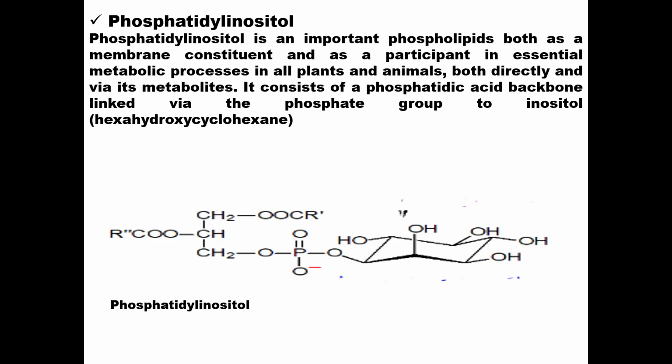It consists of a phosphatidic acid backbone that is linked via a phosphate group to a molecule of inositol. Inositol is hexahydroxycyclohexane. So you have phosphatidic acid as the backbone, and it is linked to inositol via a phosphate group.